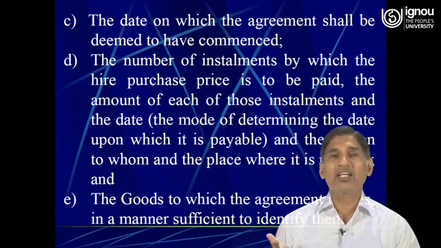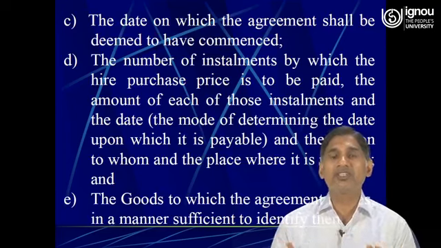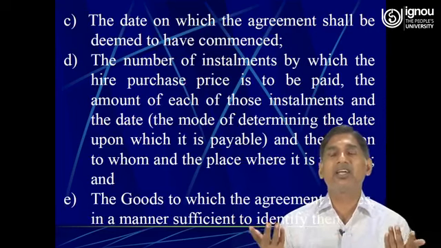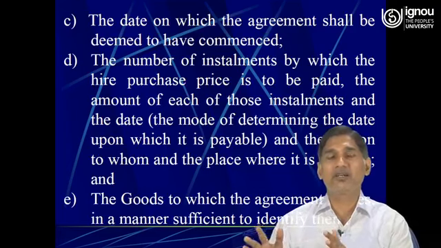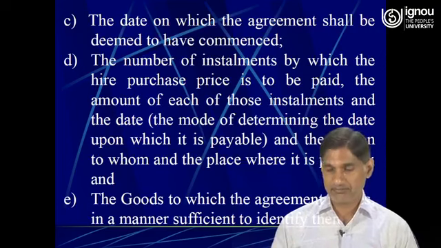So the article about which this agreement is taking place must be clearly identified, that yes, this is the product for which the agreement is taking place between the hire purchaser and hire vendor.